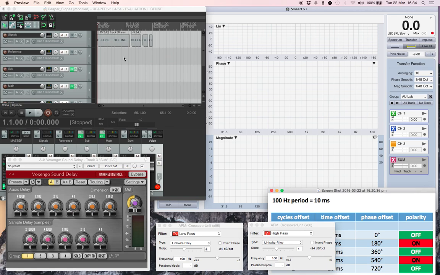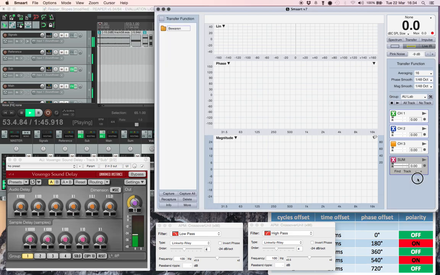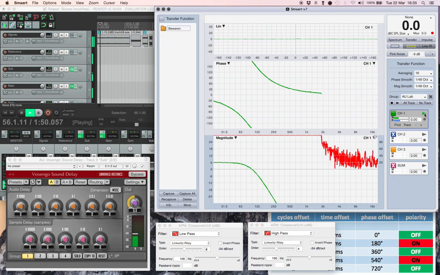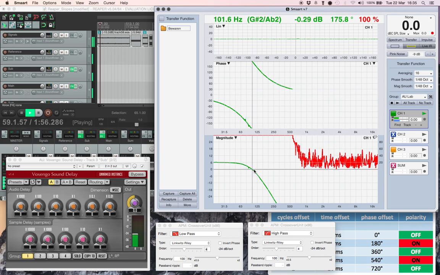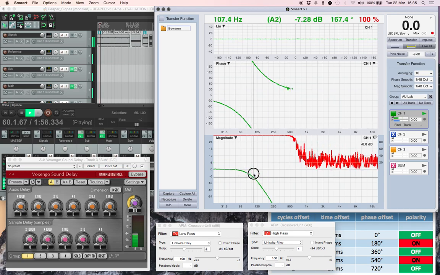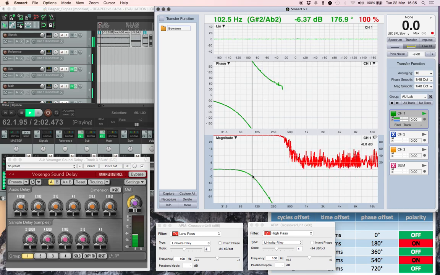So let's listen to some pink noise. When I press play, we will hear pink noise. And let's turn on the analyzer. Currently we have channel 1, which is our virtual subwoofer, and it goes all the way to 100 Hertz. If we introduce 6 dB of level offset, we can see that we have a -6 dB point at 100 Hertz.